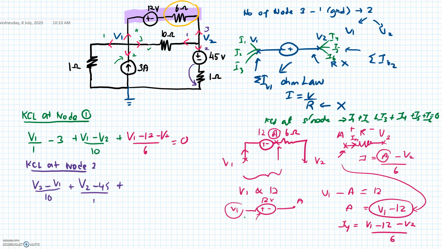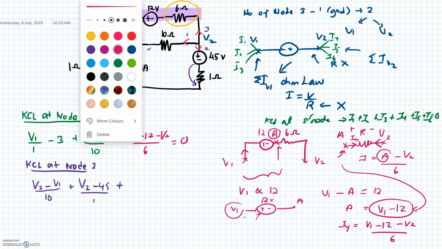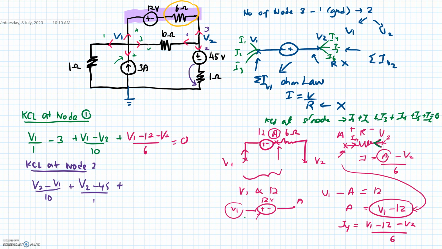As you can see here, you need to know the current that flows to here. Okay, I choose another color here. Okay, so I here is equal to V2 minus A over 6.